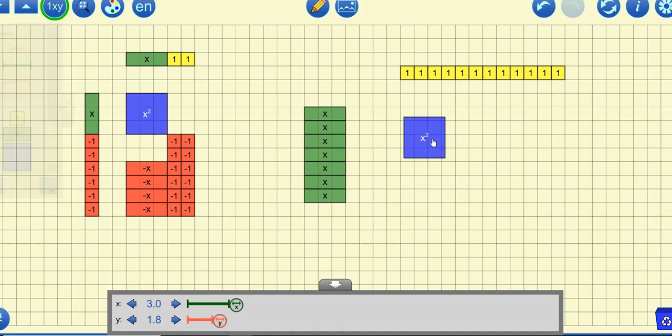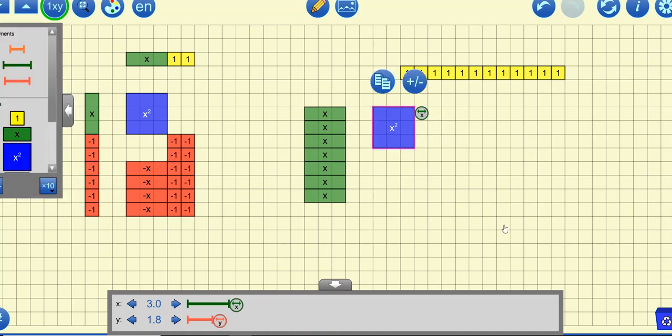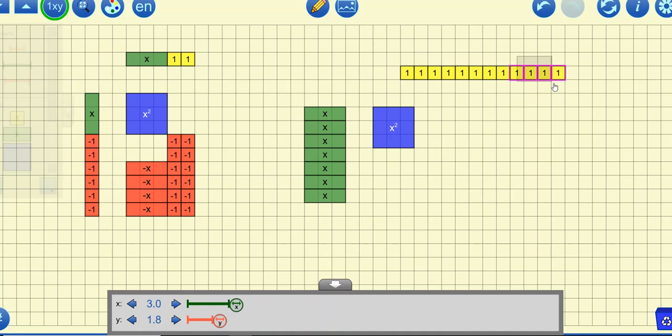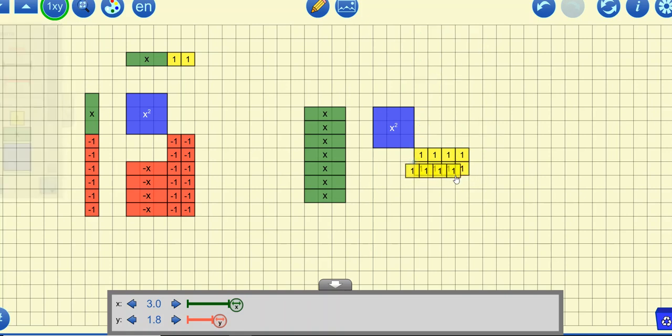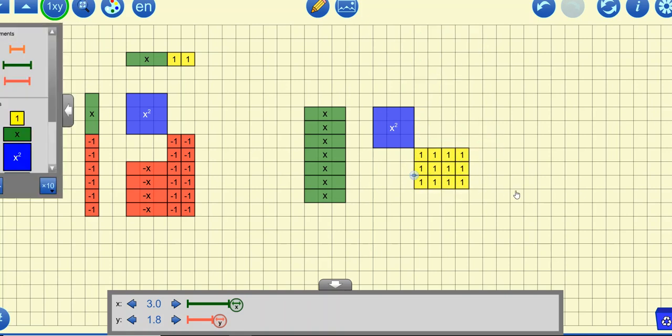So I'm going to start by putting my x squared in this top left-hand corner where it was. These will always be in the right-hand corner. So we think about the units, how can they be laid out so that we can make them into a rectangle? There are different ways to do it, but I've got a nice rectangle there. I can see that the whole thing would fit nicely.